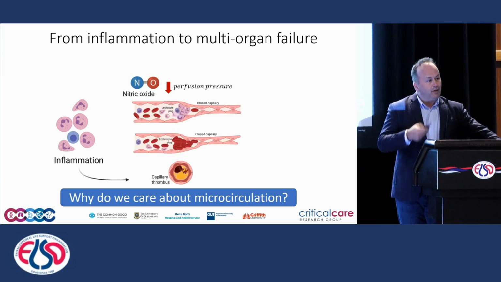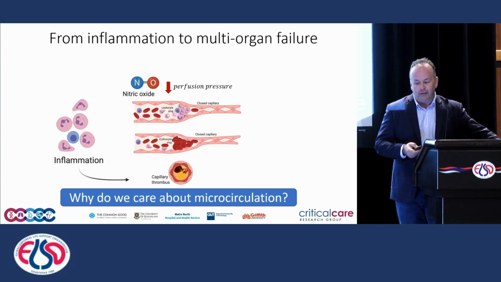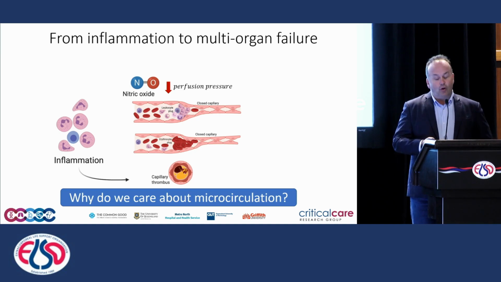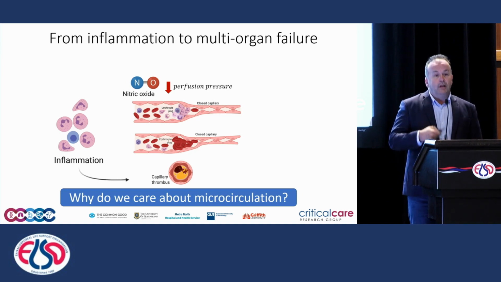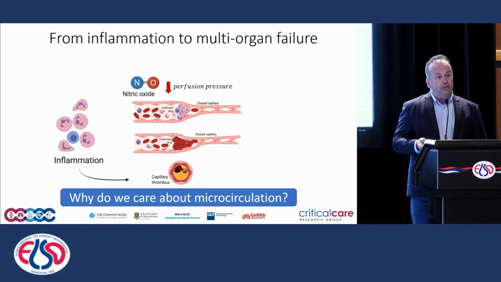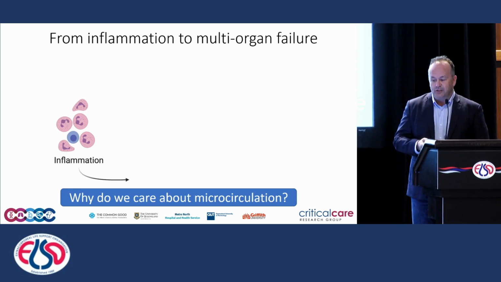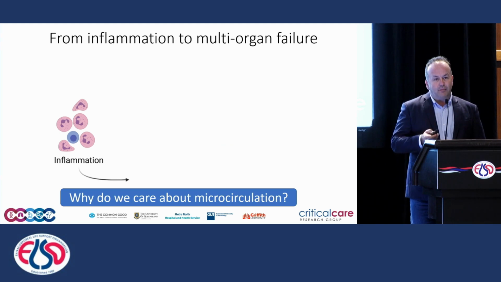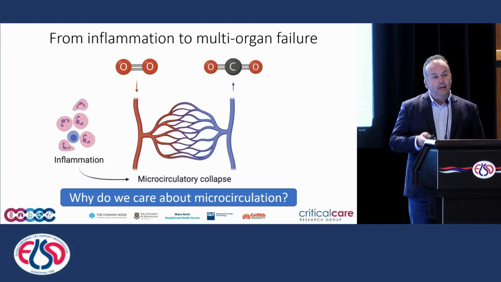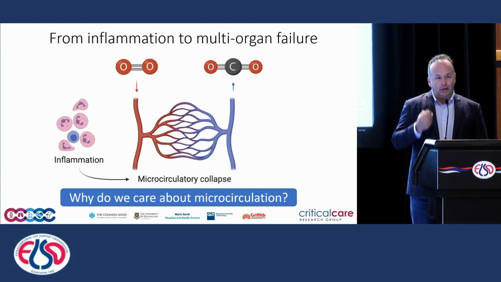There's inflammation, but we can have sterile and non-sterile inflammation. All of these changes result in changes in nitric oxide with reduced perfusion pressure, sometimes capillary thrombosis, and changes in the endogenous anticoagulants like protein C and its inactive zymogen. When this happens and the microcirculation starts to shut down, then we see microcirculatory collapse.